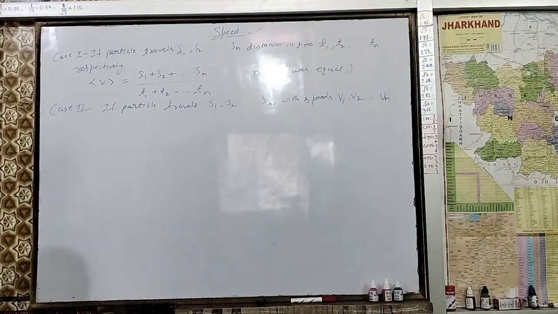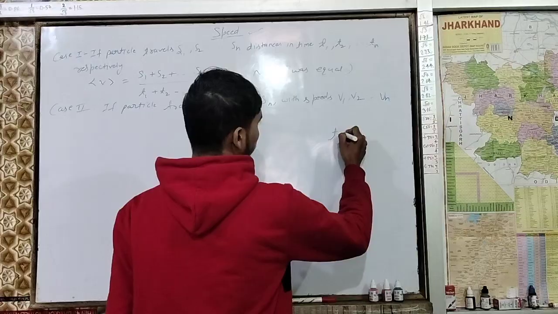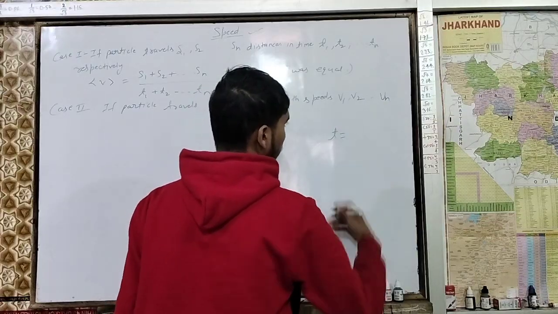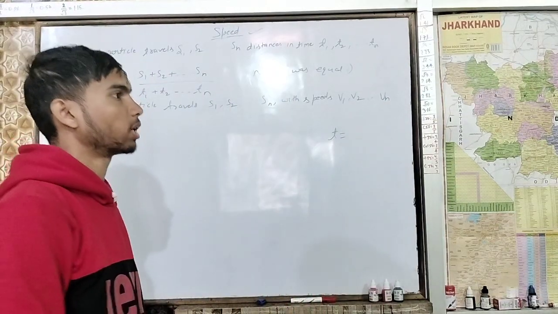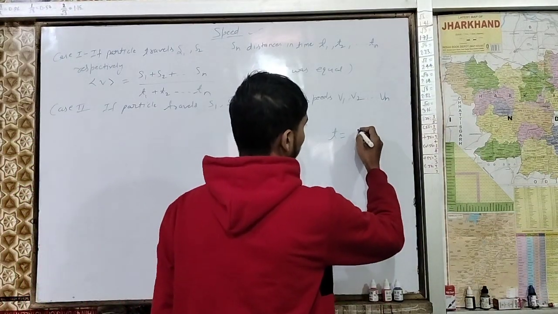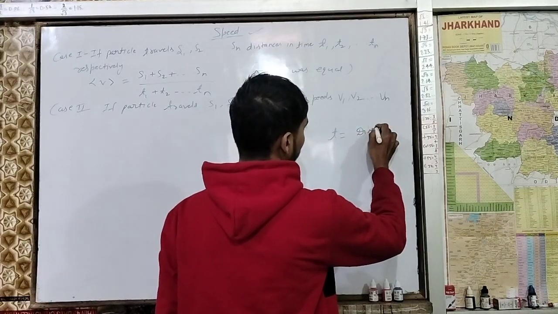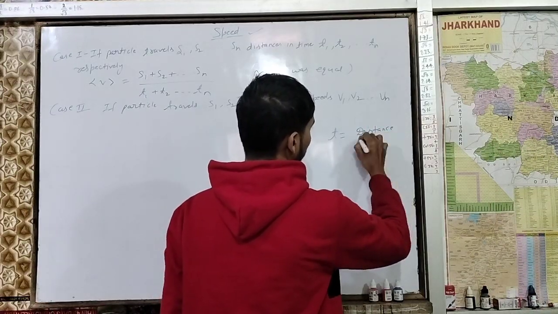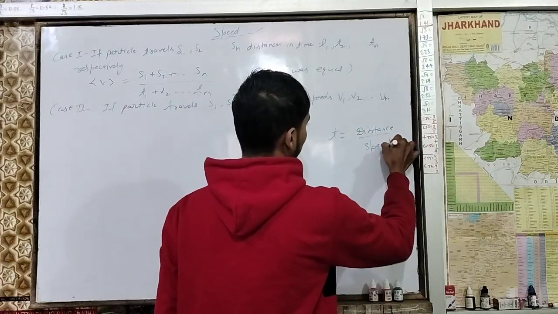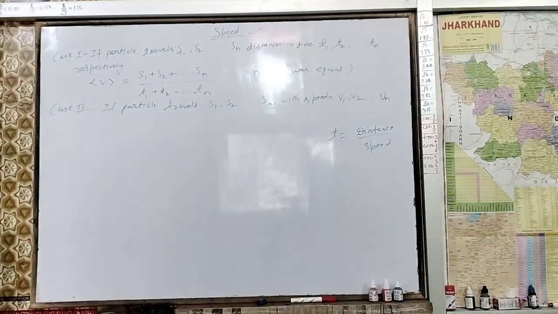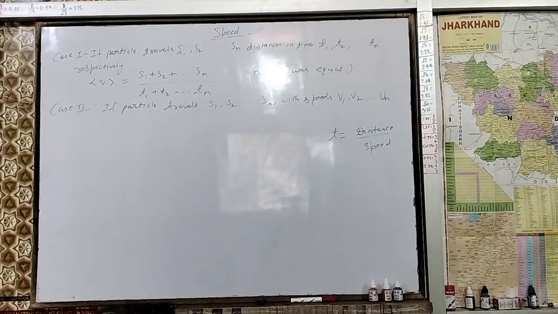To calculate time, what will it be? Something upon something, distance upon speed. This will be the formula to calculate the time, where distance and speed are given.